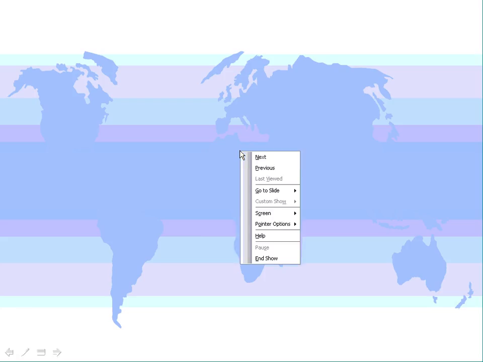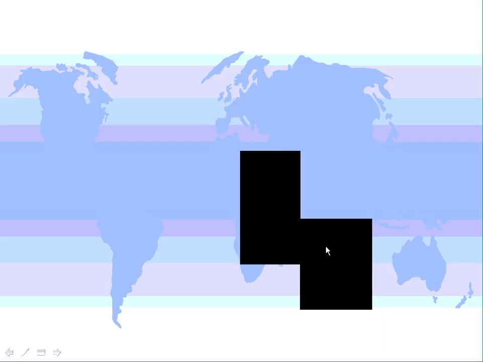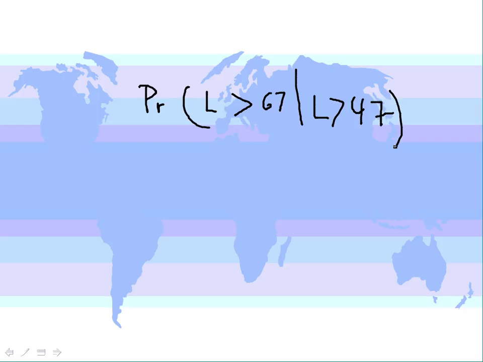Let me bring up the pen. The probability that the reinsurer pays his limit of around $20 million is the probability that the aggregate loss exceeds 67, given that it exceeds, say, 47.